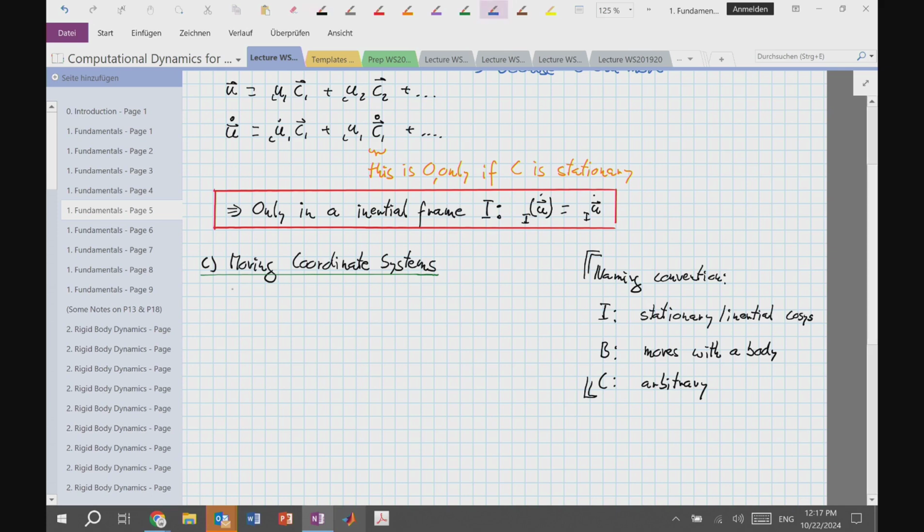Good. And if I talk about a moving coordinate system, the one thing that I'm curious about is how to do derivatives. And the answer to this question is very simple. I don't, right? I transform everything into an inertial frame.